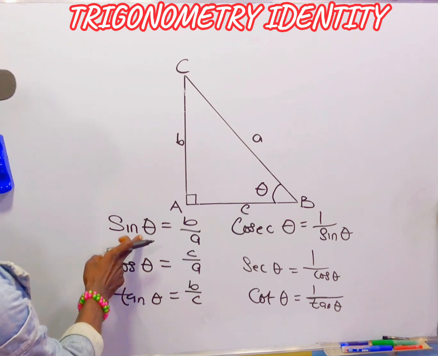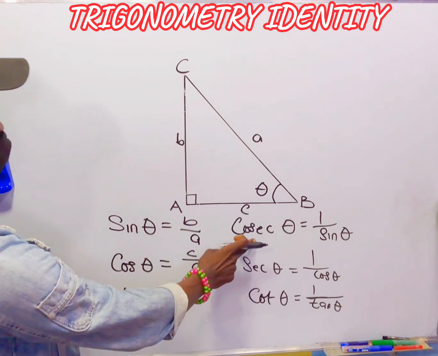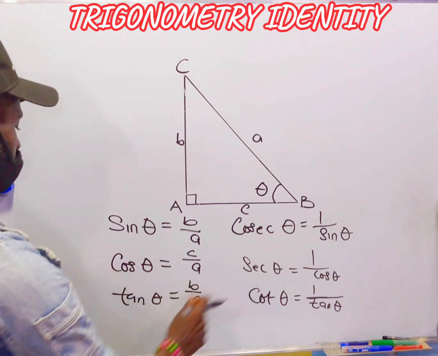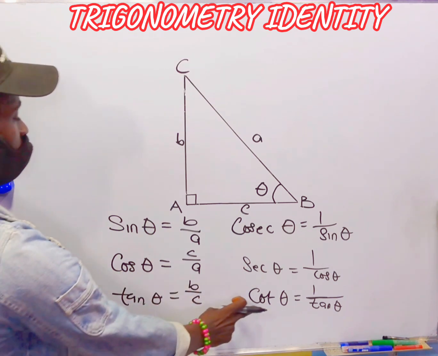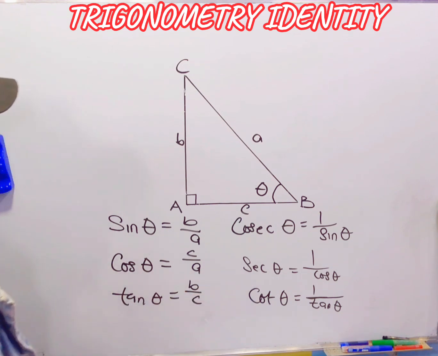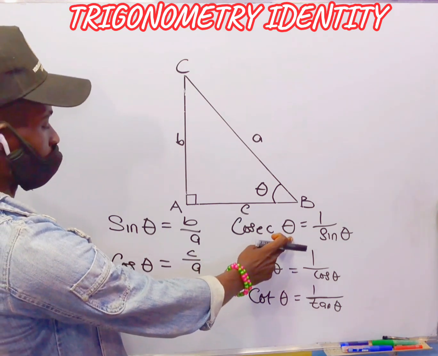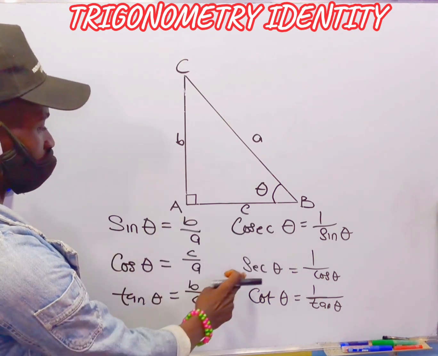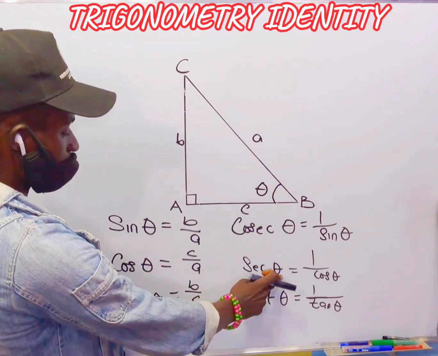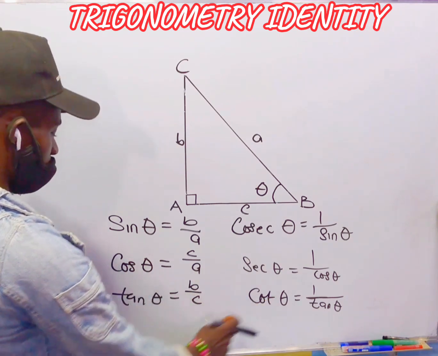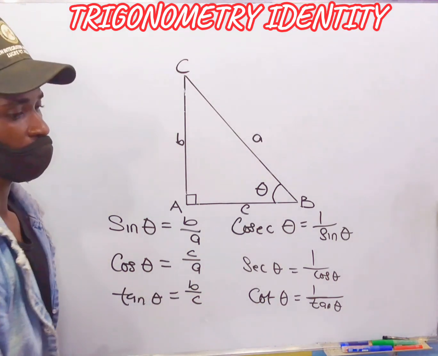So the inverse of sine theta is cosec theta, the inverse of cos theta is sec theta, and the inverse of tan theta is cot theta. Or we can say the inverse of cosec theta is sine theta, the inverse of sec theta is cos theta, and the inverse of cot theta is tan theta.